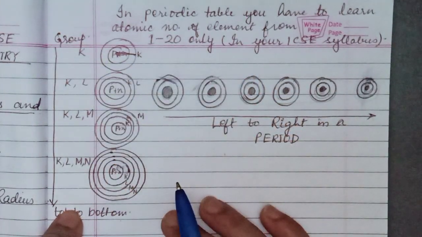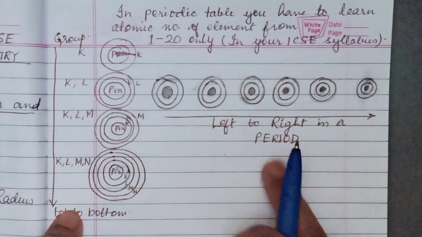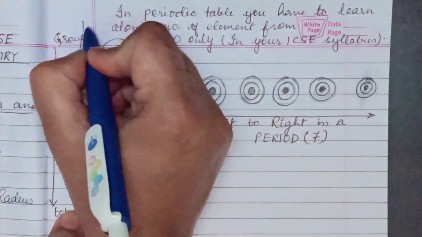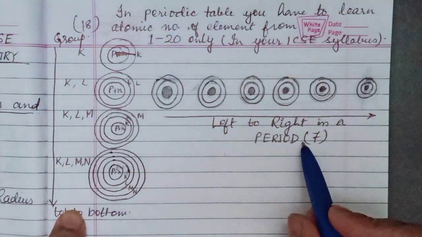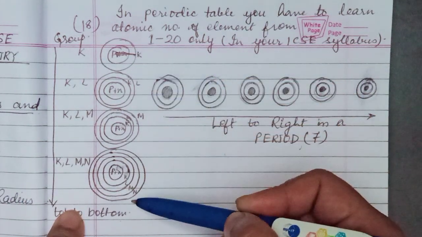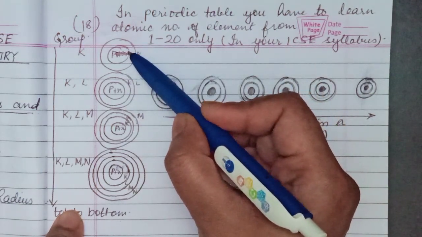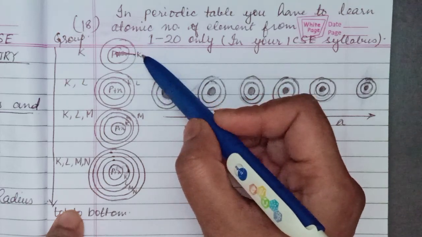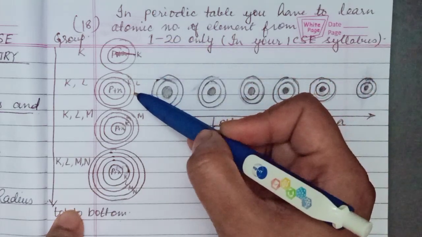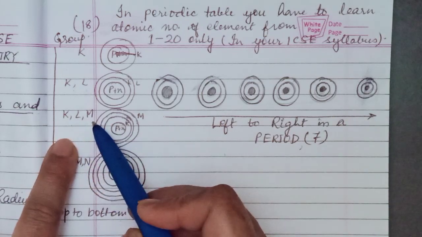Okay, so there are 18 groups in the modern periodic table and 7 periods. How many groups? 18. And how many periods? 7. Okay, so you can see here when we are moving down in a group, you can notice one thing: if we are on the top of this group, there is only one shell, that is K shell, and just below it there are two shells, K and L shells, and next K, L, M shells.